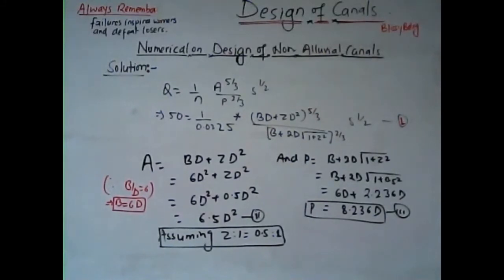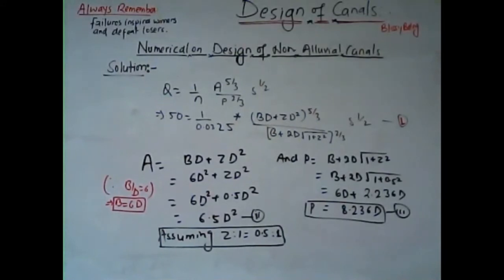If you substitute the value of B as 6D, because the B by D ratio is given as 6, you can substitute B equals 6D in this expression. And we assume that Z equals 0.5, that is, the horizontal to vertical distance ratio is 0.5 to 1.